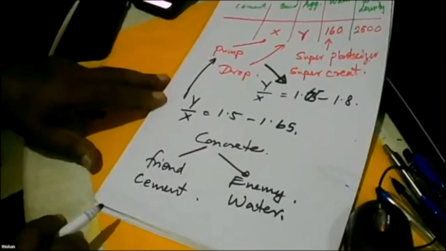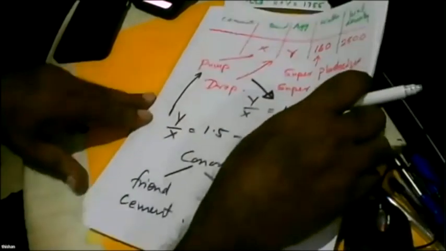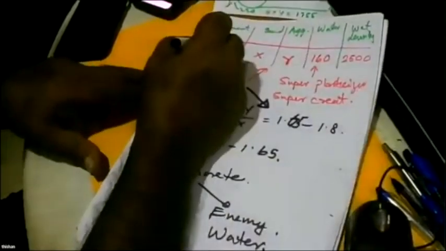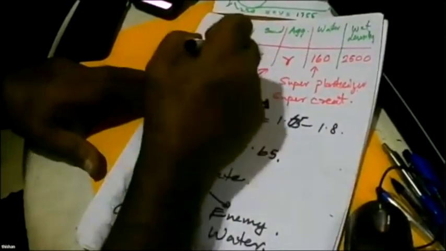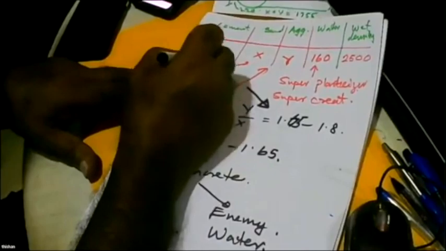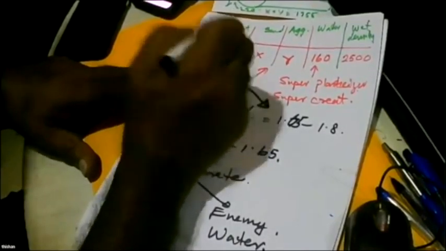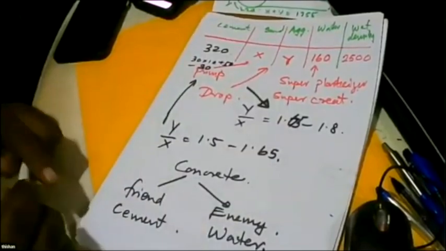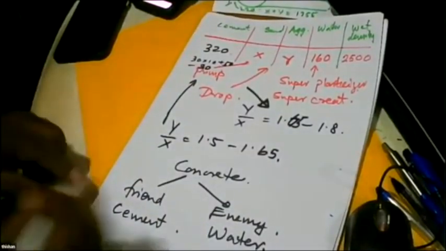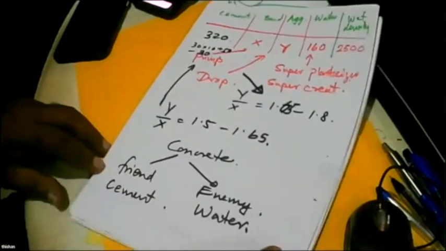Now I have reduced the enemy. So what can I do for the friend? I can reduce the friend as well. 320. So the equation is 30 multiplied by 10 plus 50 minus 30. So I reduce the cement by about 30. Can you see how I'm manipulating?